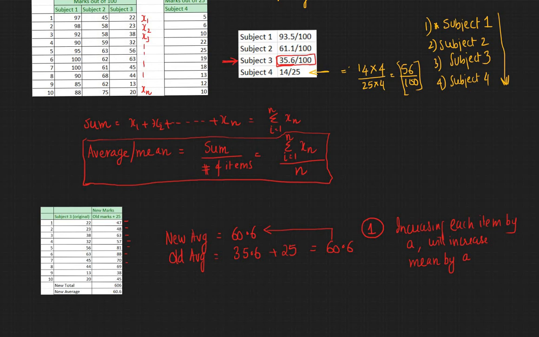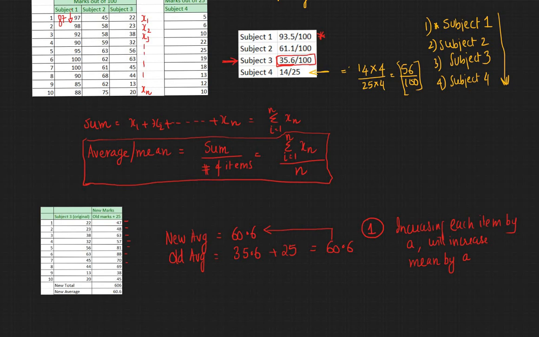Now similarly, let's say the head of the school does something strange. He says that, look, you can't have a 93.5 average for all the subjects. So why don't you subtract 10 marks from each of the students in subject 1, and find the new average for me. So pause the video here and think what would happen if you would subtract 10 marks from each item.